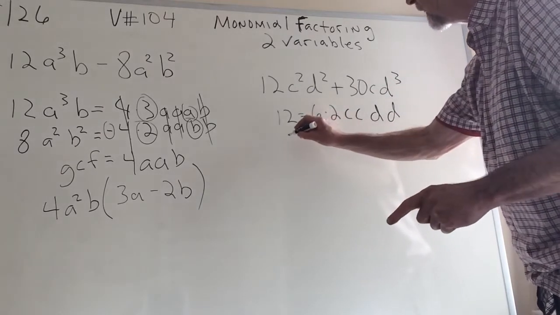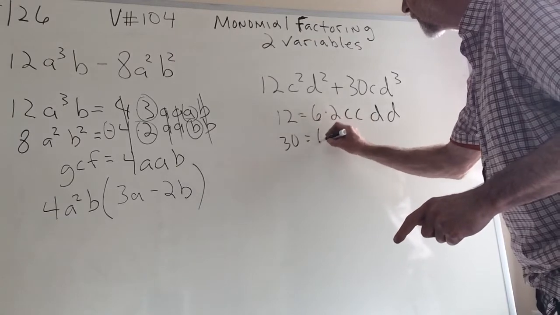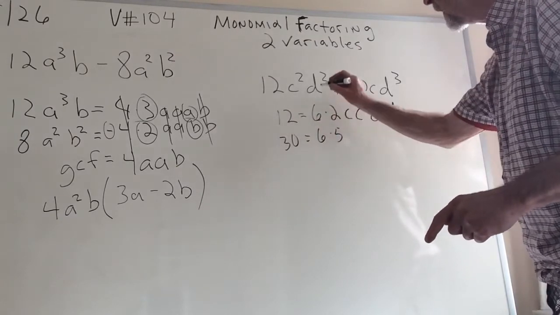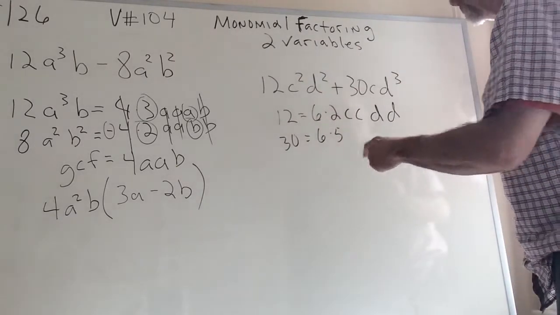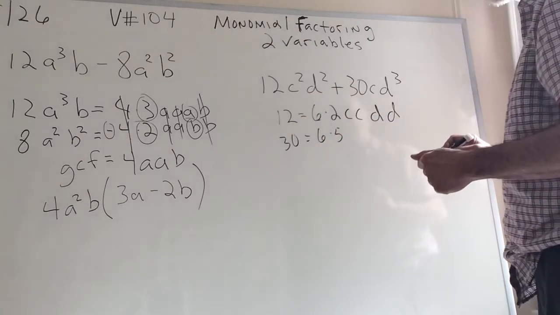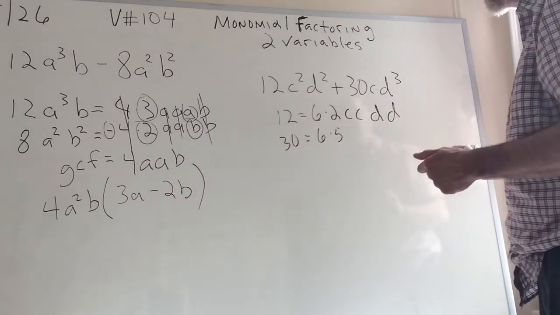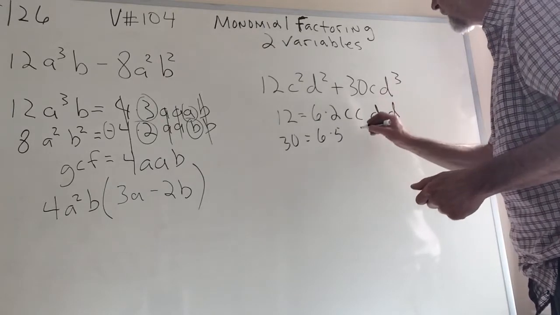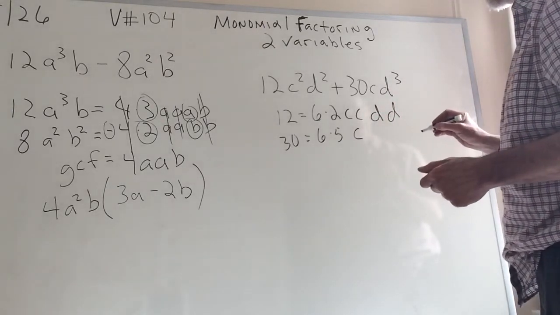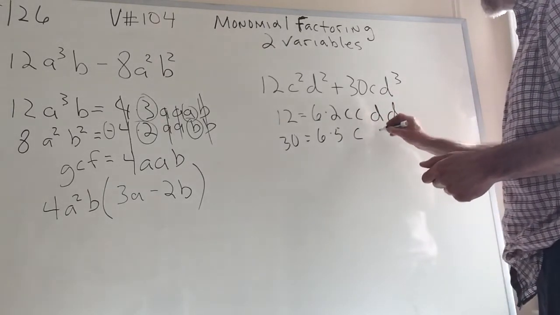And then we see that 30 equals 6 times 5. Okay, so there's a match. We saw that right away. I could have done prime factoring, but so much more work and such a headache. And in the second term, there's only one C, and apparently there are 3 Ds here.